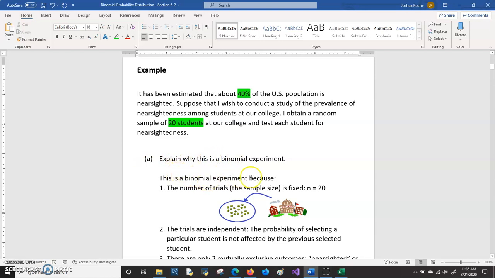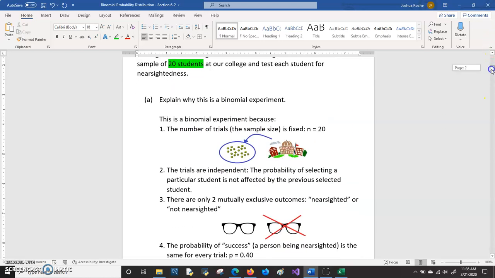So this is a binomial experiment because, and there are 4 main reasons to look for. The first one is that the number of trials, and trials is just another way of saying your sample size, is fixed. It's fixed at 20. So when I do this experiment, I'm only selecting 20 students. Another reason that this is binomial is each of the trials are independent.